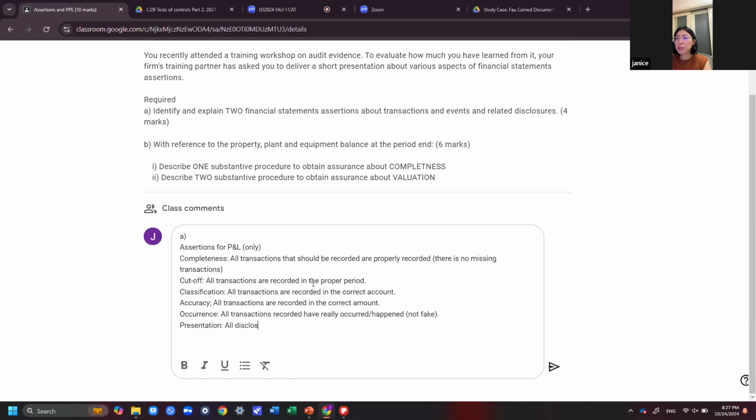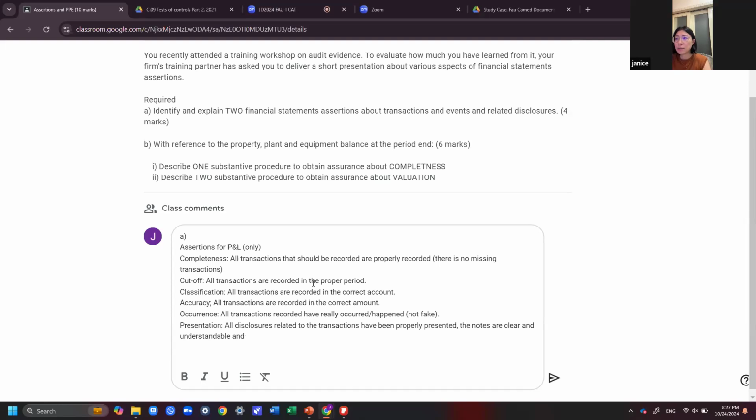So all disclosures related to the transactions have been properly presented in the notes, and are clear, understandable and reliable.